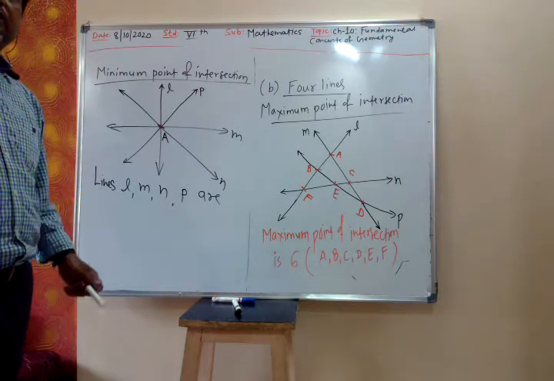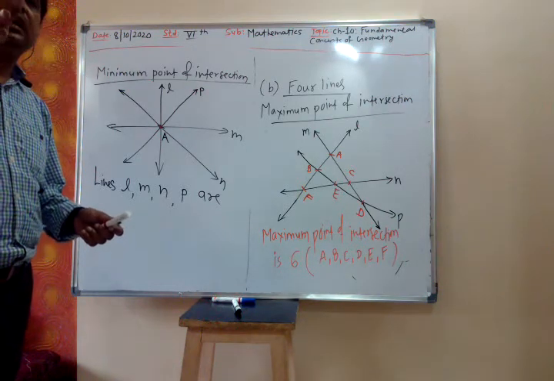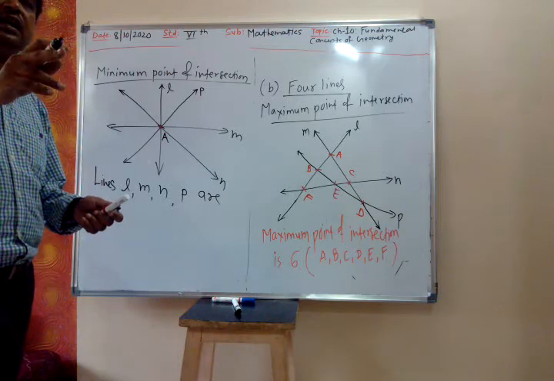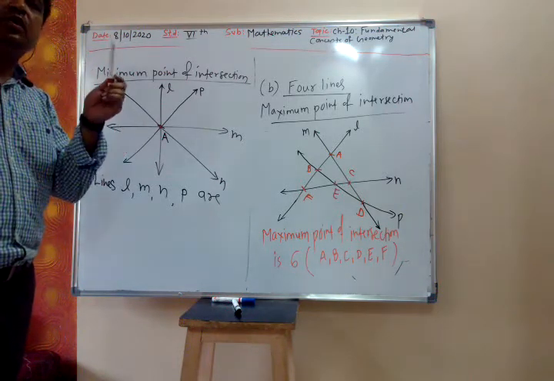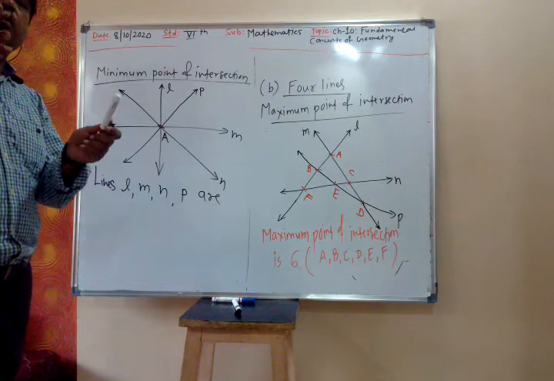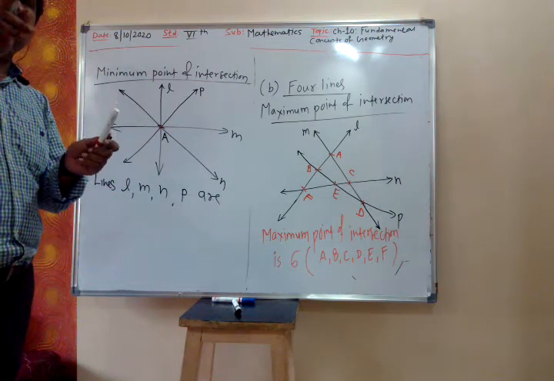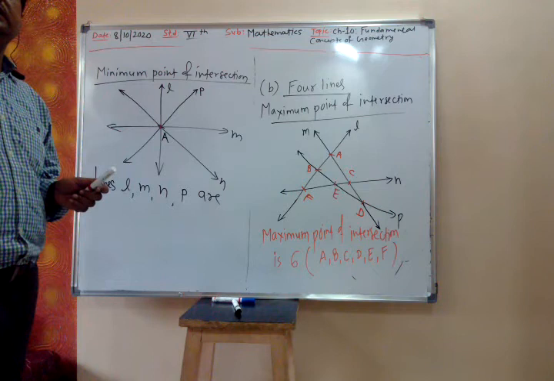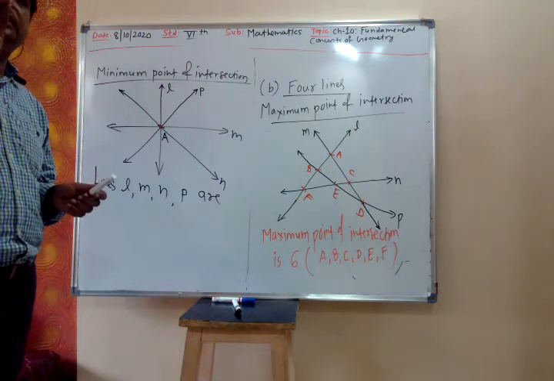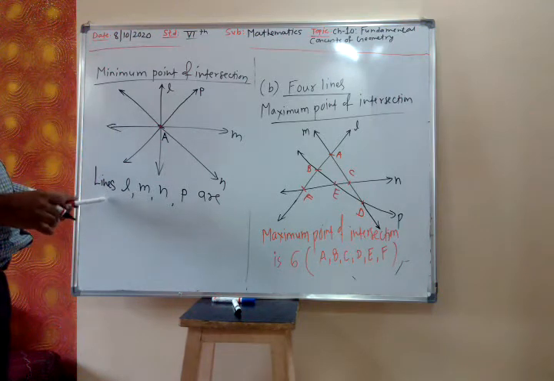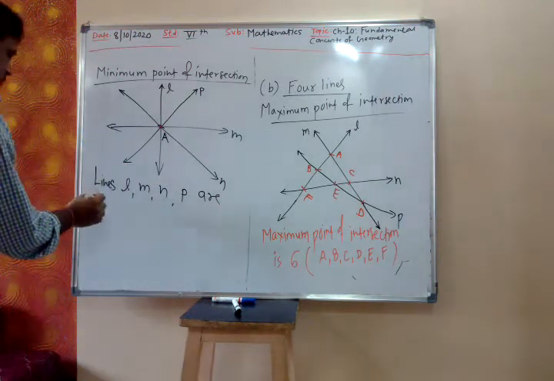When 3 or more than 3 lines meet each other at one common point, then the lines are said to be concurrent lines. For concurrent lines, there is one and only one point of intersection. So write: lines L, M, N, and P are concurrent lines.